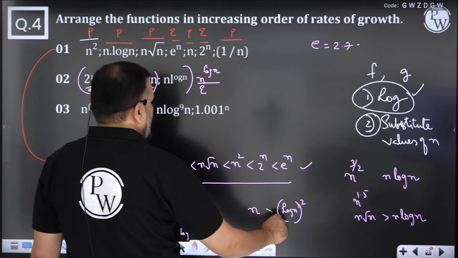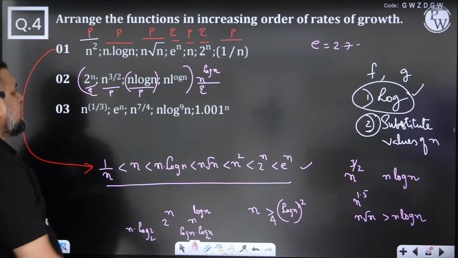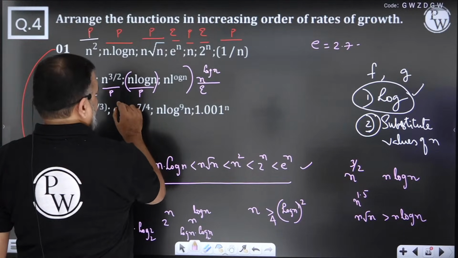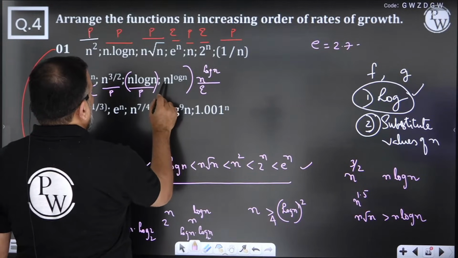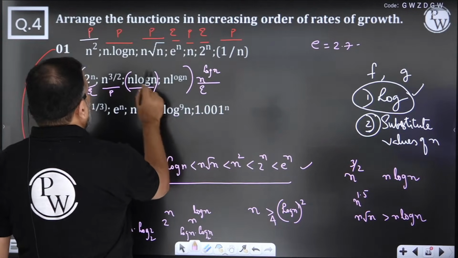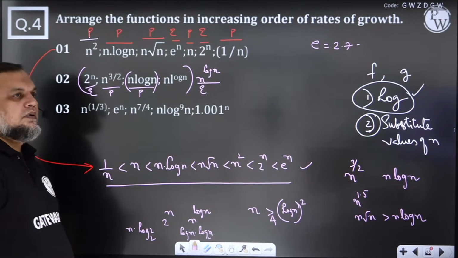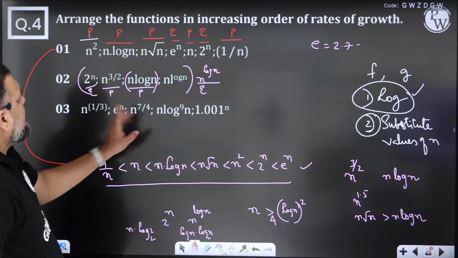Asymptotically n is greater than (log n) power 2, therefore I would say 2 power n is greater than n power log n. So first comes n log n, then n power 3/2, less than n power log n, and less than 2 power n. 2 power n comes last. Okay.